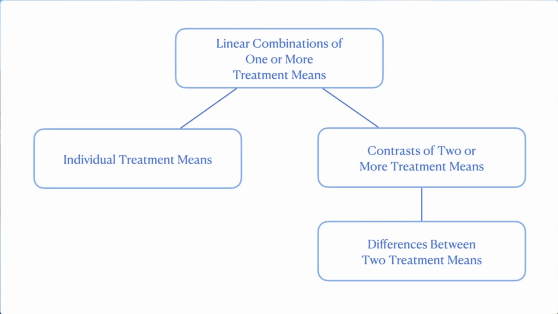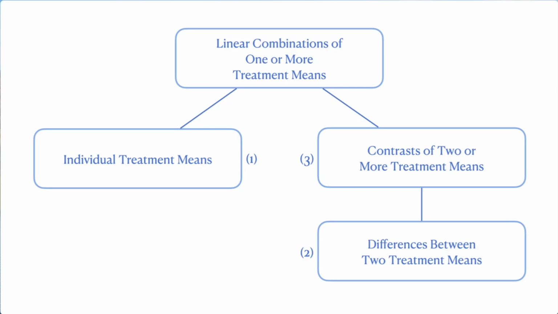So from the standpoint of the conceptual development, we'll look at point estimates of individual treatment means first. Then we'll look at point and confidence interval estimation of differences between two treatment means. We'll then move up in our diagram and look at contrasts of two or more treatment means.